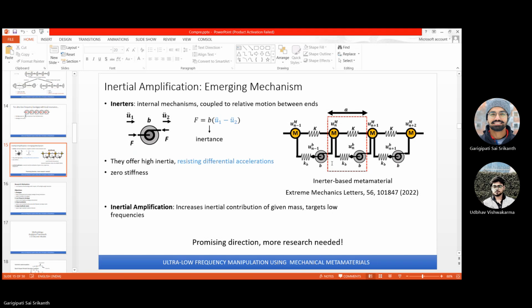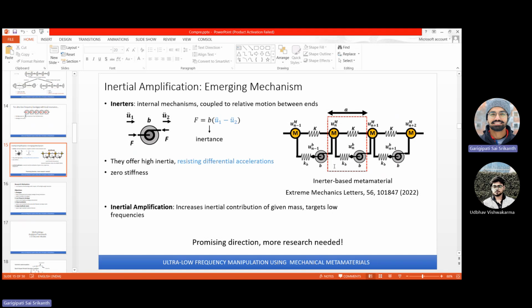And then what really happens is, broadly, when you have out of phase modes at q equal to pi by a, which is at the end of the Brillouin zone, and you incorporate an inerter, that out of phase motion plays the role of delta u in the inerter, and then effectively the inertia of the mode is increased.